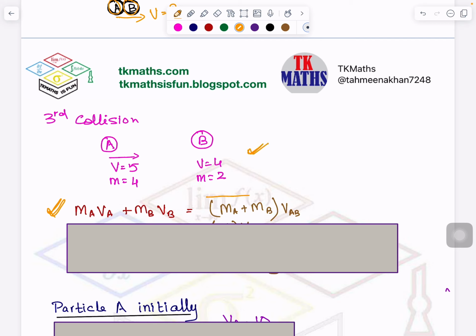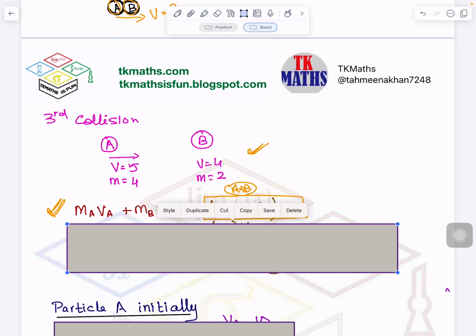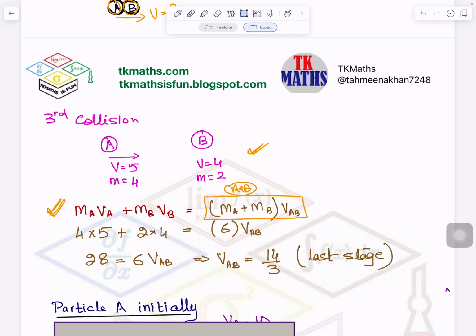Can you see what I have written here after the collision? Because it was written, they will become one body. A and B will combine, coalesce. So now I'm plugging in the values here to find the velocity of the particles when they are together. So it was 14 divided by 3 meter per second. So this is the velocity of particles A and B.